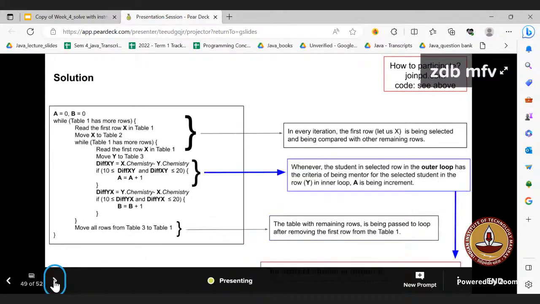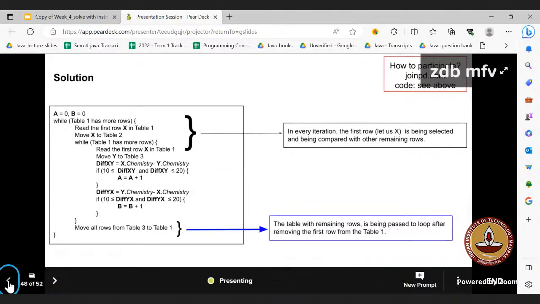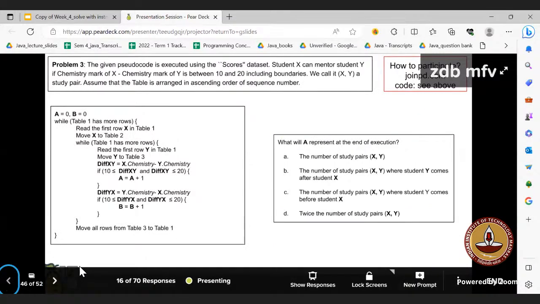Ma'am, wasn't the question like what does X comma Y represent? So X and Y are nothing but rows of the table. Can you say the question once? Is it twice the number of row pairs, ma'am? No, we are just asking for A. What is A, no?